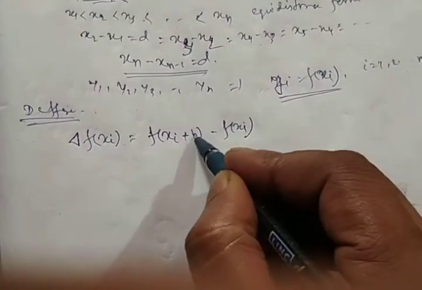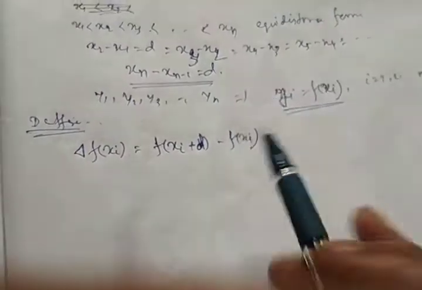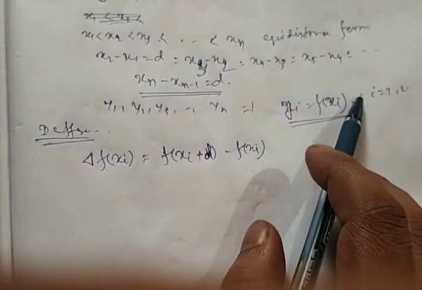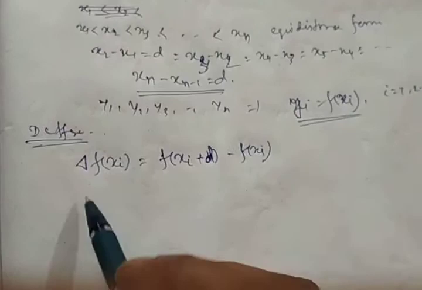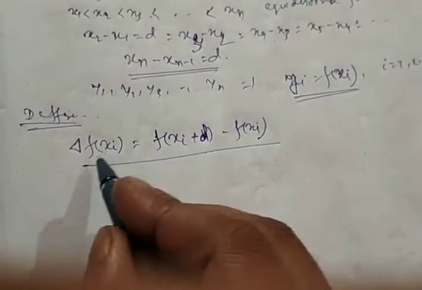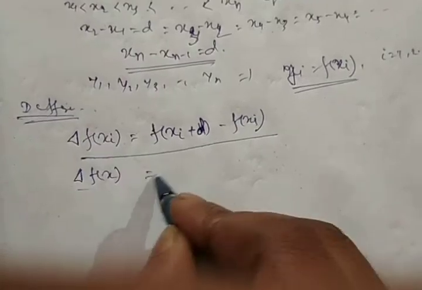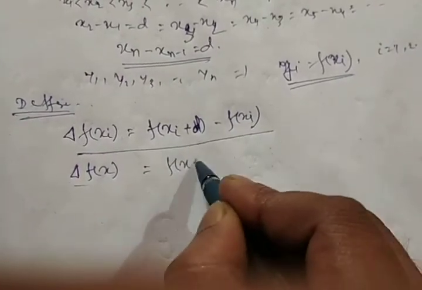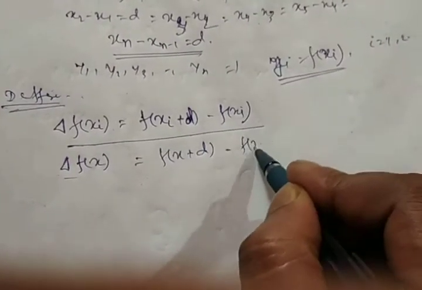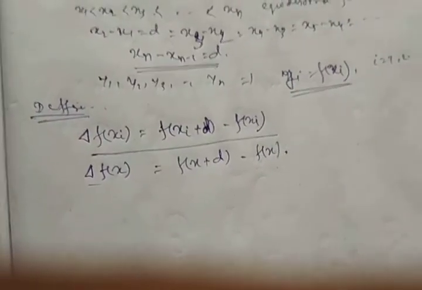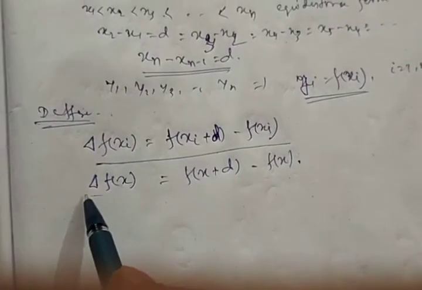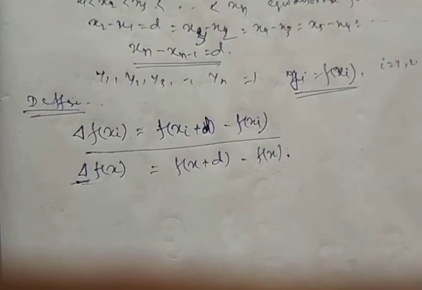Here h means d, the equidistance. In the general case, if we do not use xi, the operator del of f(x) is f of x plus d minus f of x. So this is the forward difference operator.